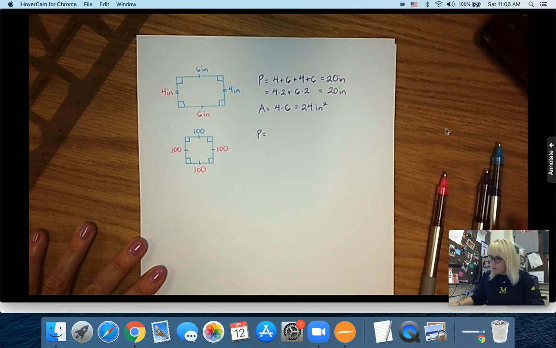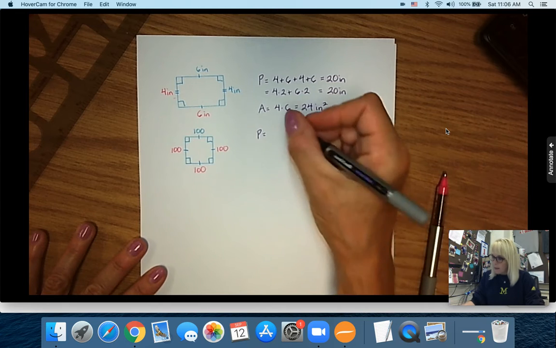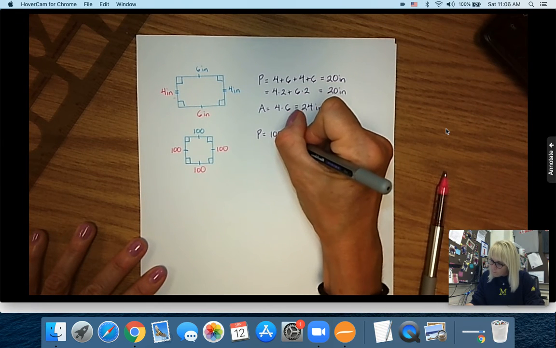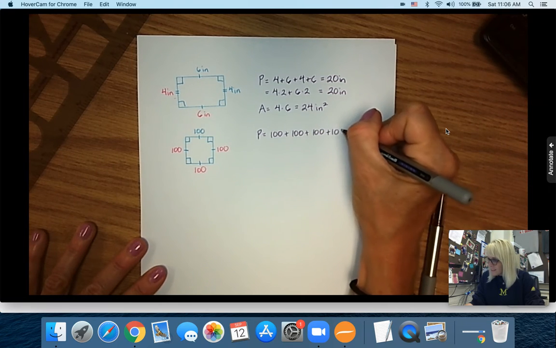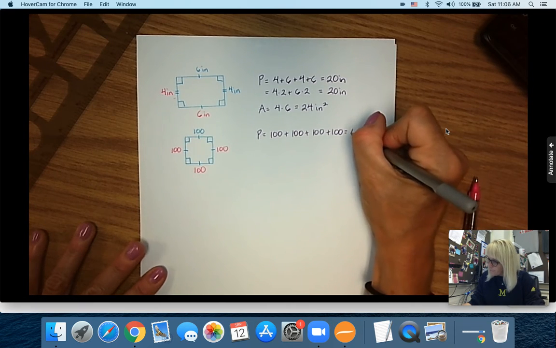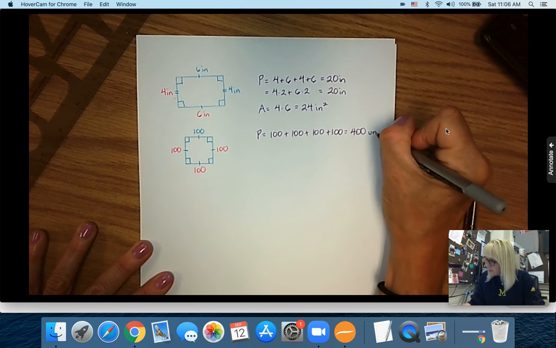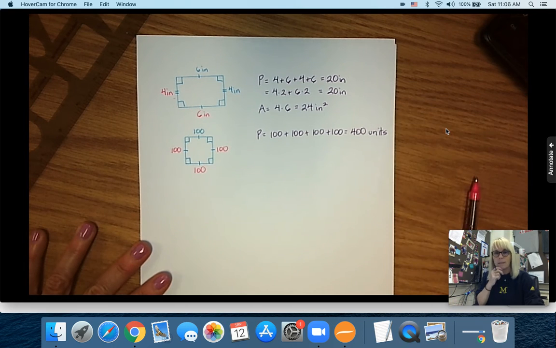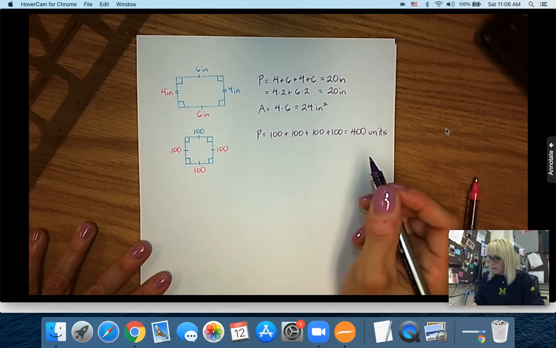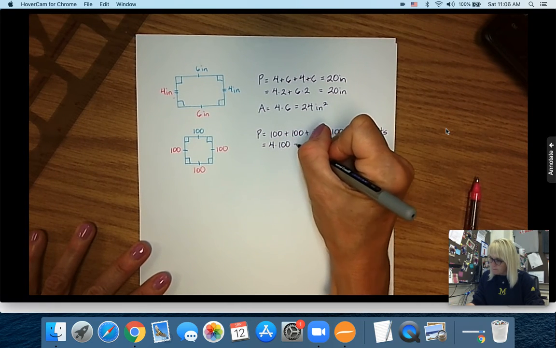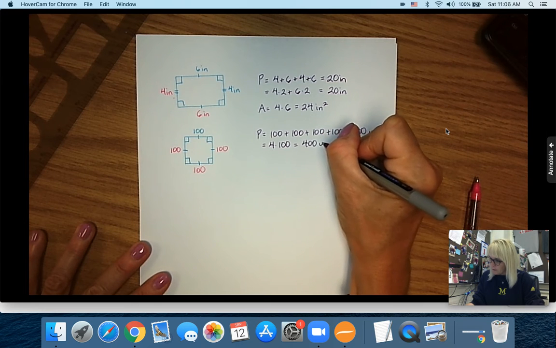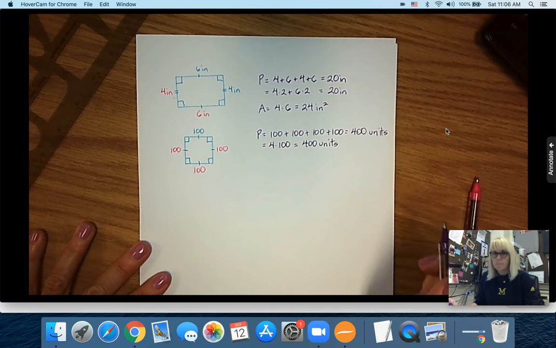And so when I go to find the perimeter, I can either say 100 plus 100 plus 100 plus 100, and you'll get kind of sick of doing that. And that's 400 units. You have to say units because I didn't give you a unit of measure. Okay, or you could say 4 times 100 is 400 units as well. All right, I'm going to pause the video and ask you to find the area of this square.